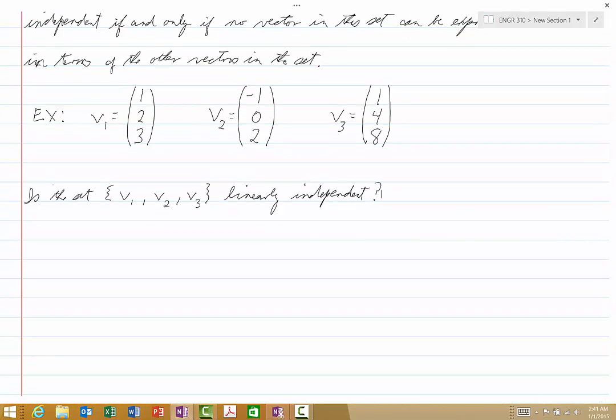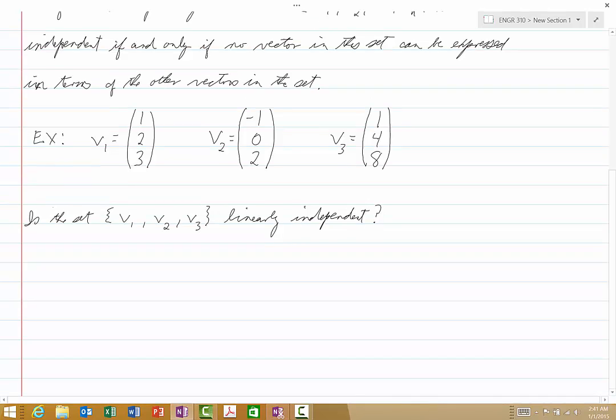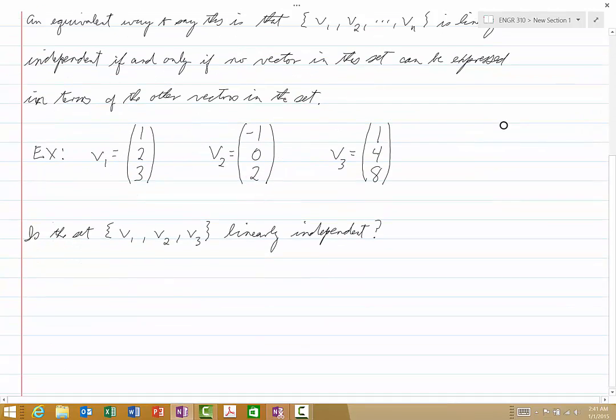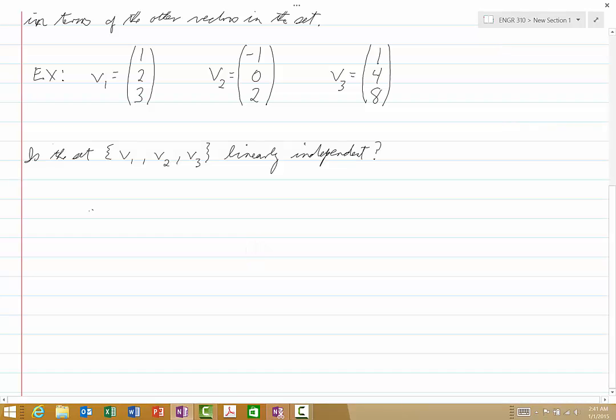Well, we're going to learn some ways to test for linear independence in a few minutes, but for right now, all we have to go on is this equation up here: C1v1 plus C2v2 plus ... plus Cnvn is equal to 0. So let's look at that. Suppose C1v1 plus C2v2 plus C3v3 equals 0.